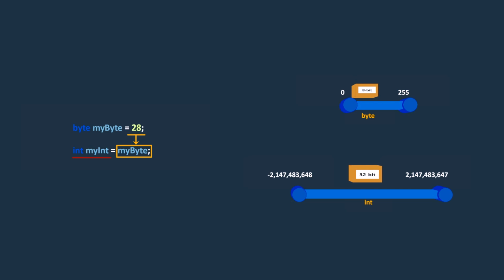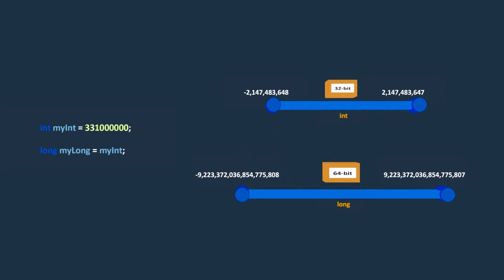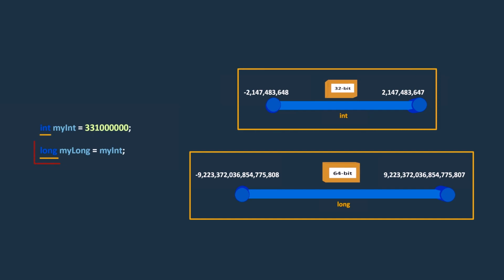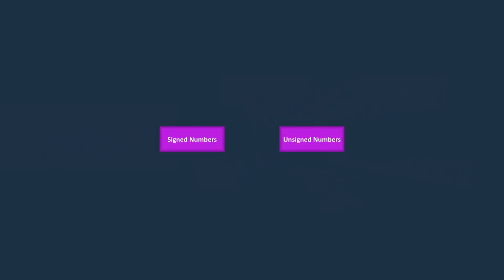This implicit cast is allowed because int is a larger data type than byte. Okay, let's show you another example. In this case, since the long type can represent a larger range of values than an int, we're allowed to do this casting.